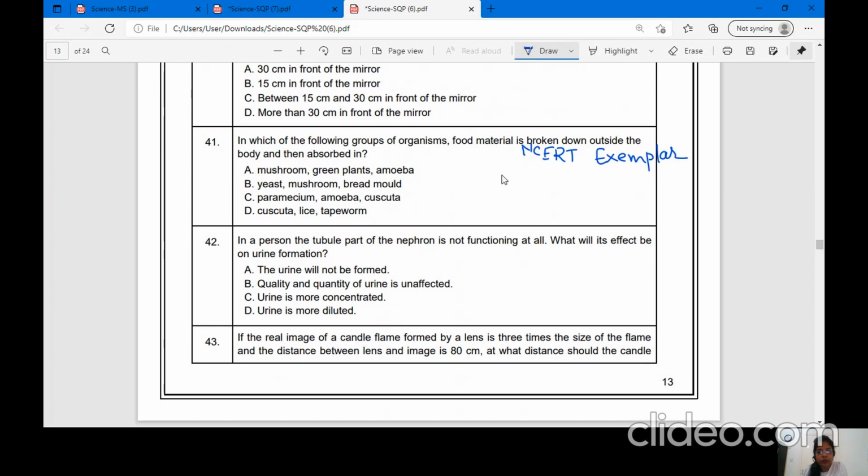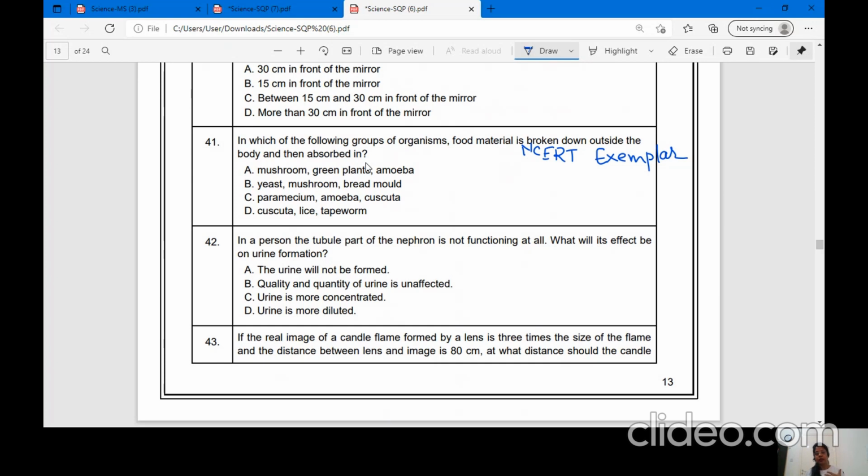I feel that NCERT exemplar has some good multiple choice questions. We need to attempt it. We need to practice it. Chalo, let's see what's written.